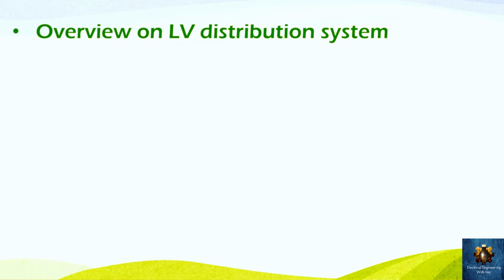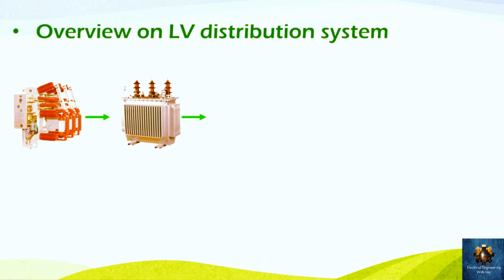So we can summarize the distribution system in that way. Firstly, we have the medium voltage side, which we connect or disconnect using the load break switch. Then we have the distribution transformer, which takes its input from the medium voltage side at the load break switch.